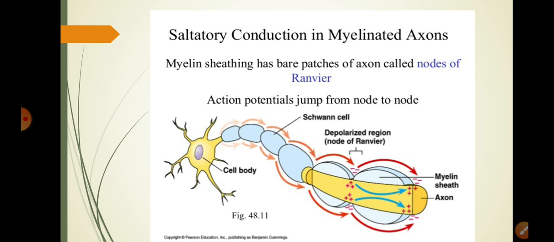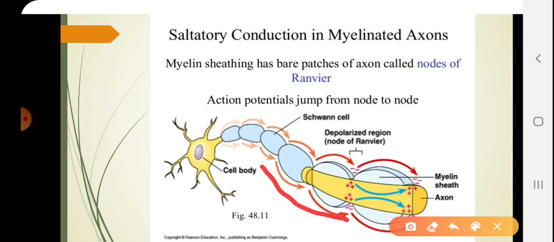In this picture, you can see a neuron which has a myelin sheath around the axon. The long process of the neuron is the axon, and around the axon you can see the covering of myelin sheath. The myelin sheath covering is not continuous.